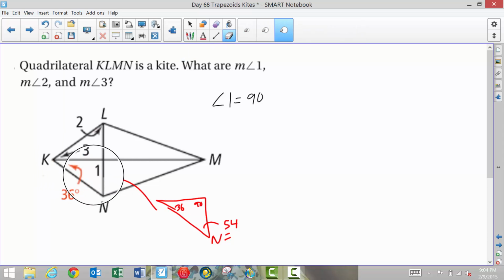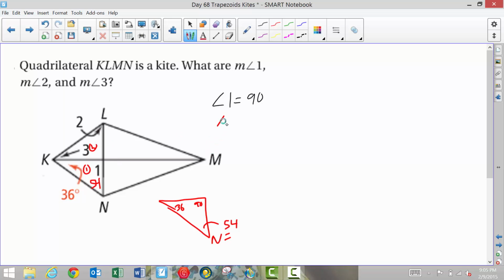Again, honors geometry, you're going to have to find angles that aren't labeled. So using your rules of congruent triangles, I know that triangle 1 and triangle 2 are congruent. So I also know angle 2 is equal to 54. And I know that angle 3 is equal to 36.